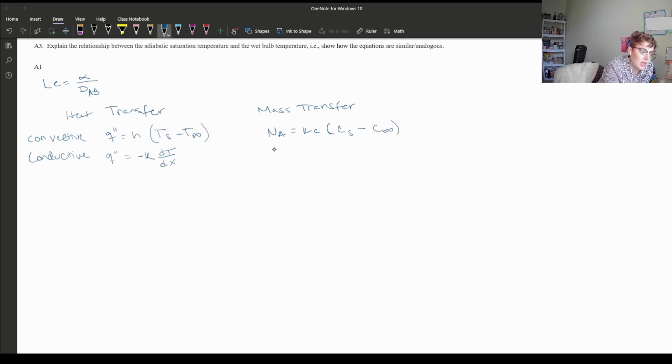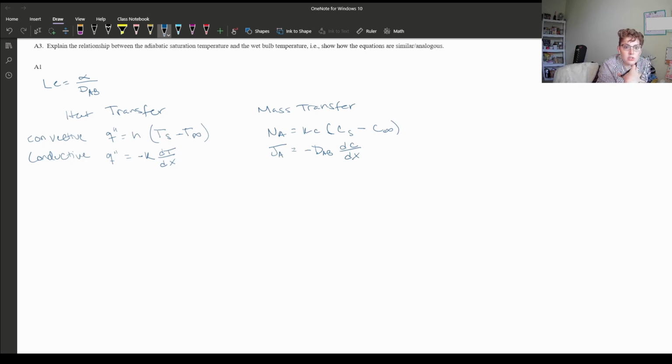And then we have our molar diffusive flux, which is equal to the negative of the diffusivity coefficient times the change in concentration per the change in distance. And what you're going to notice right away is that these sets of equations are set up very similarly, with temperature being replaced by concentration and then just the different variables.